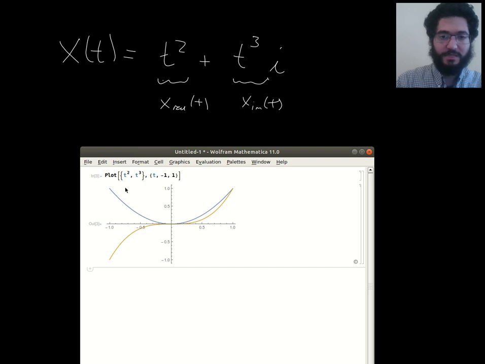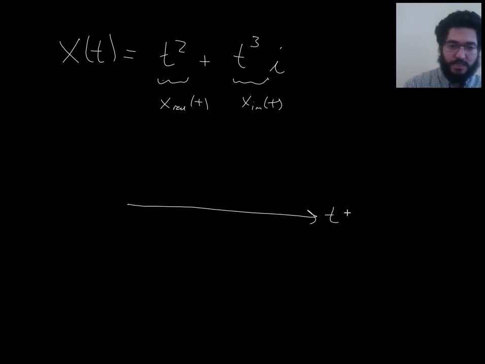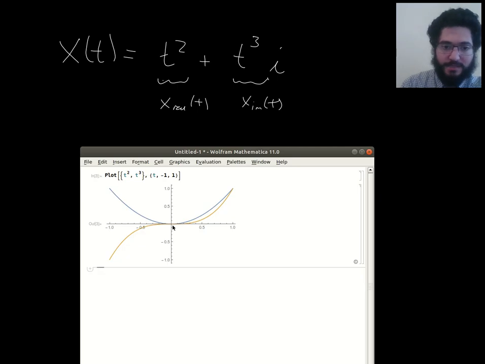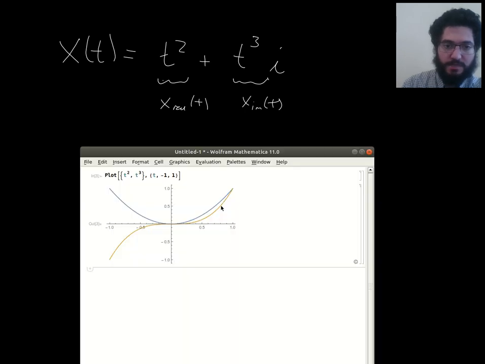One way of doing it is to come up with one axis for t. So in the plots that I've been showing you, one axis for time and another axis for x sub real, that was the plot that has the parabola. And then one axis for time and one axis for x sub imaginary, that showed you the cubic.